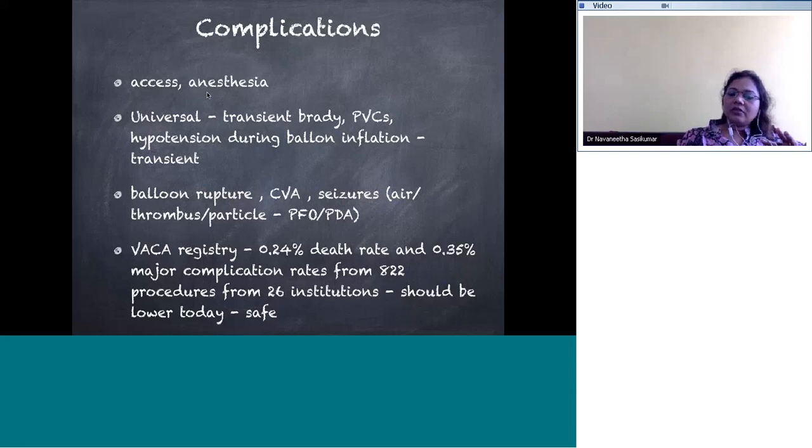So this was in the older days. Today we have more improved hardware, better imaging and operator experience, so the complication rate should be even lower these days. And generally, pulmonary valve dilatation is considered to be a safe procedure in older children, adults, and adolescents.